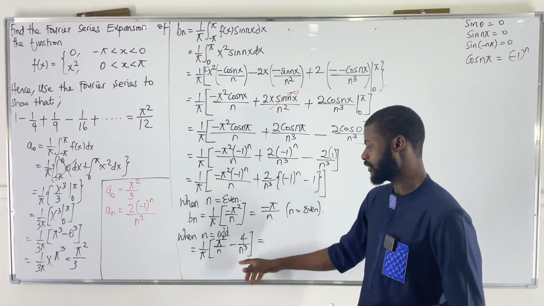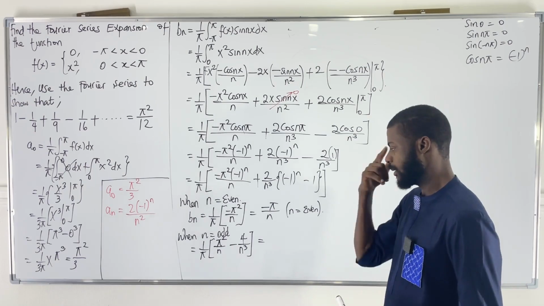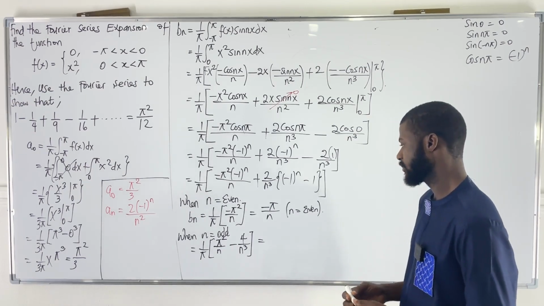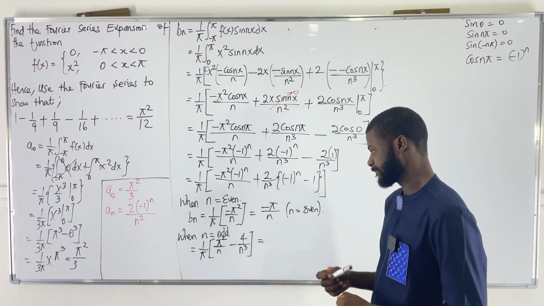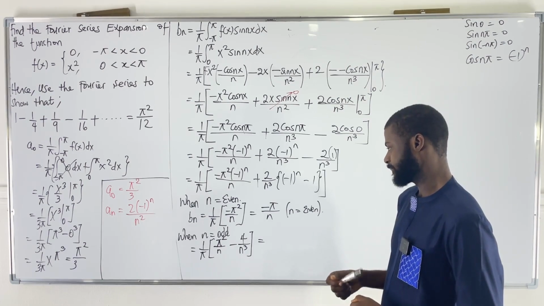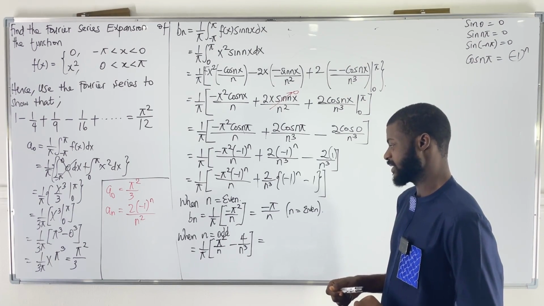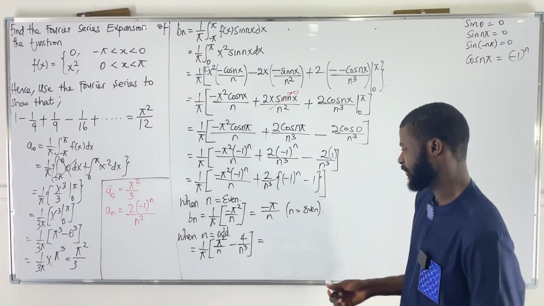Since this is n cubed, I'm trying my best to see how I can factorize out the constant. This is a bulky one. But let's see if there's a way to bring out the n cubed.